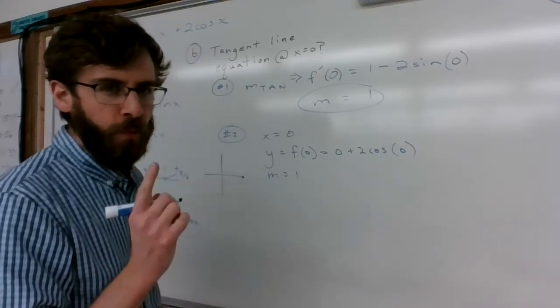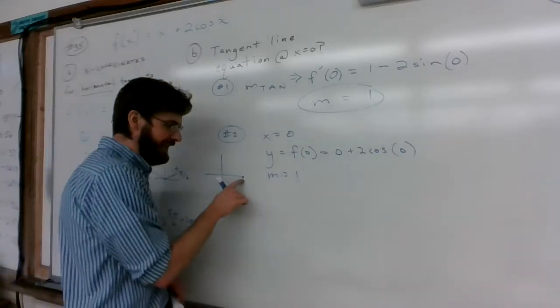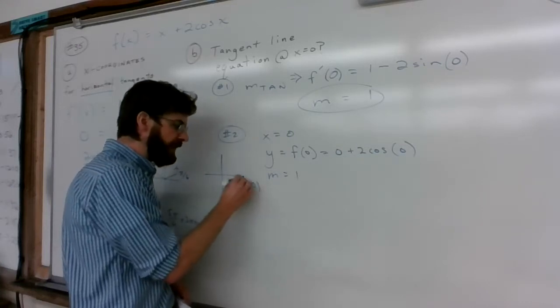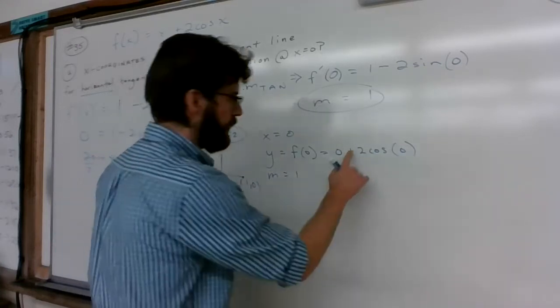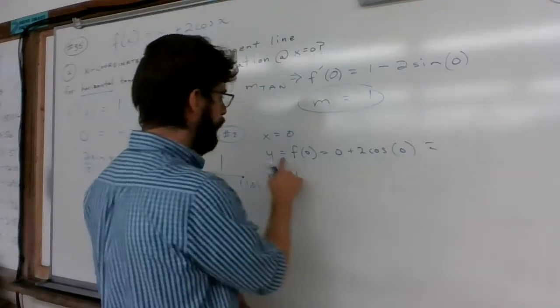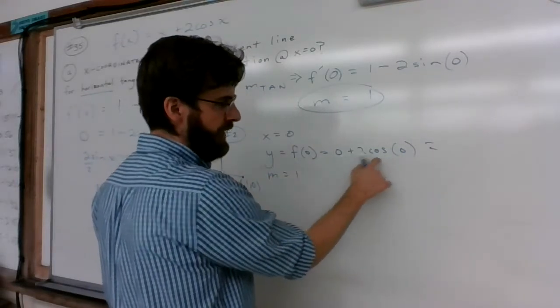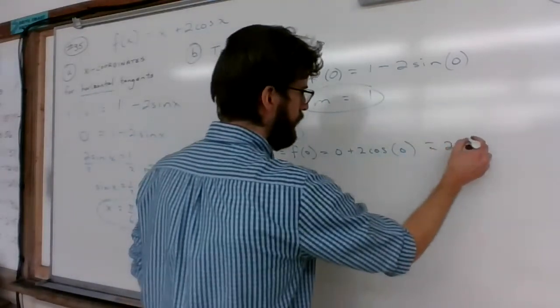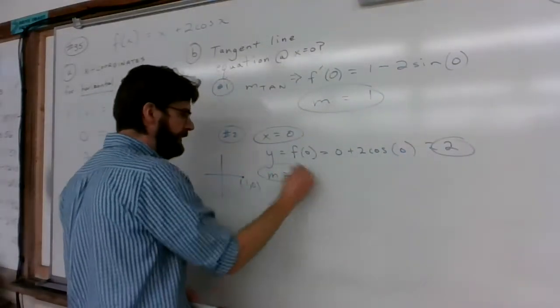What's the x value when we're at 0 radians? The x value when we're at 0 radians on the unit circle is 1. So my y value is 0 plus 2 times 1. It's 2. So x equals 0, y equals 2, m equals 1.